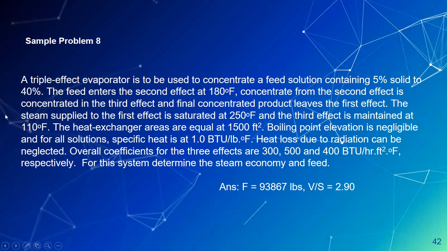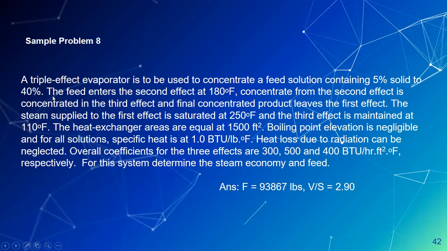In this case, you're given a triple effect evaporator, which is used to concentrate a feed solution containing 5% solid to 40%. Since this is 5% solid, this is a multiple effect evaporation system without BPR. The feed enters the second effect at 180 degrees Fahrenheit.